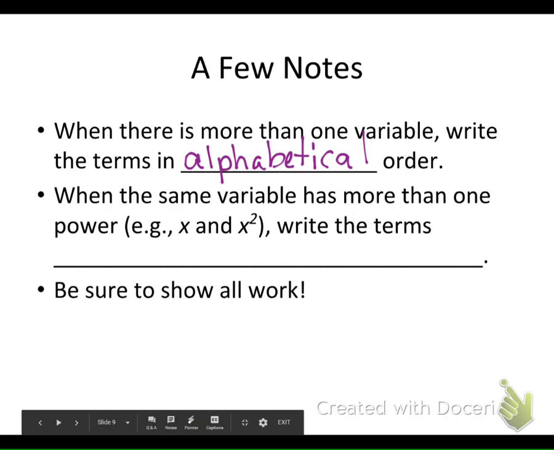So let's say we have x, x to the third, x to the second, x to the sixth. How would I write those out? Think about how we wrote our answers. We always wrote x squared first, then x, and then 1. Greatest to least. Good. So write your variables with the powers from greatest to least.